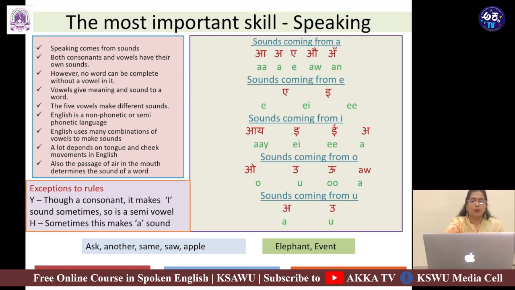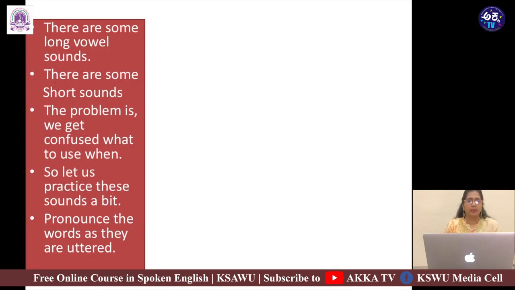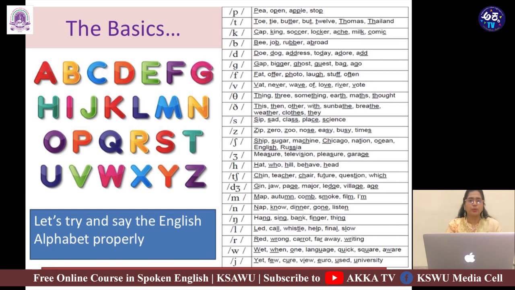To understand sounds even better, we must understand how to use the English alphabet properly. Let's go. I'm just going to say this and I'm sure all of you are going to follow me. A, B, C, D, E, F, G, H, I, J, K, L, M, N, O, P, Q, R, S, T, U, V, W, X, Y, Z. Let's try and practice this every day.